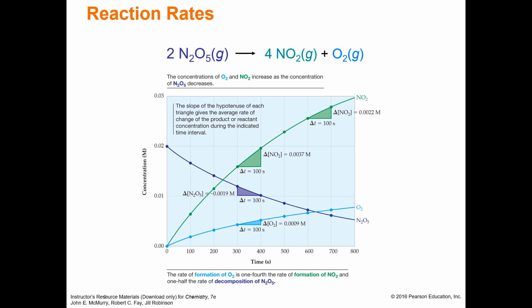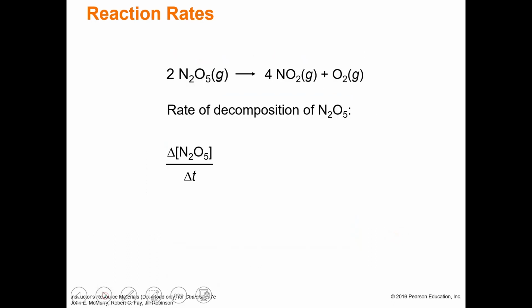If we put this on a graph, we can look at this as the rate of N2O5 decreasing, or we can also look at this as the rate of NO2 and O2 increasing. And we can look at the slope over a small period of time and see the change in concentration over a certain period of time. So we can write the rate as the change in concentration over the change in time.